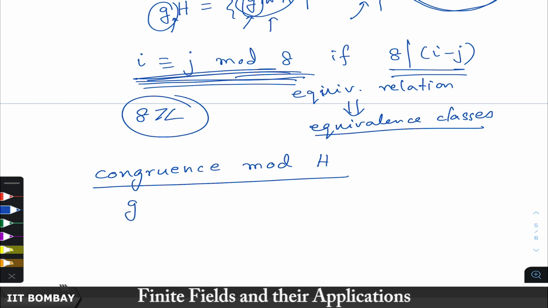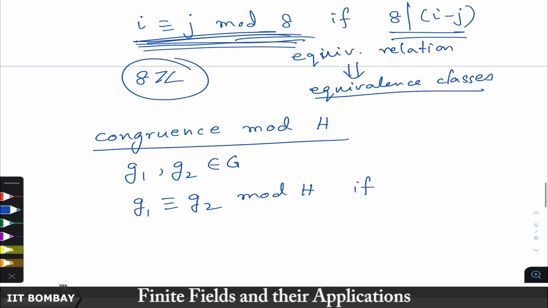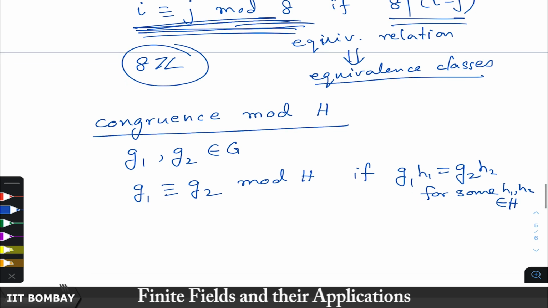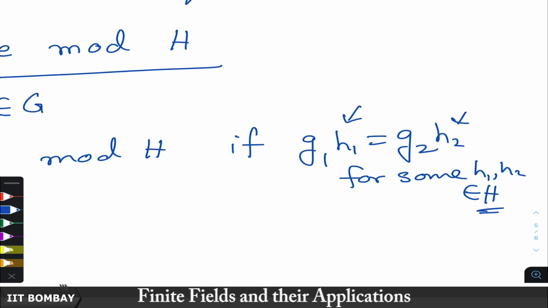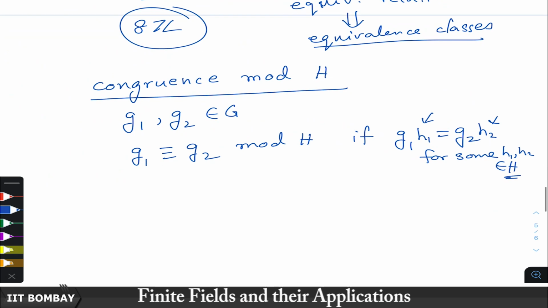So, what is congruence modulo H? We say that if you have g1 and g2, two elements in G, we say that they are congruent modulo H. So, g1 is congruent to g2 modulo the group H, if g1h1 is same as g2h2 for some h1, h2 in H. Okay, so, there is some h1 and there is some h2 in the subgroup such that g1h1 is same as g2h2.